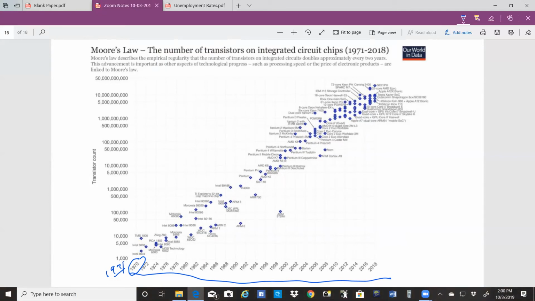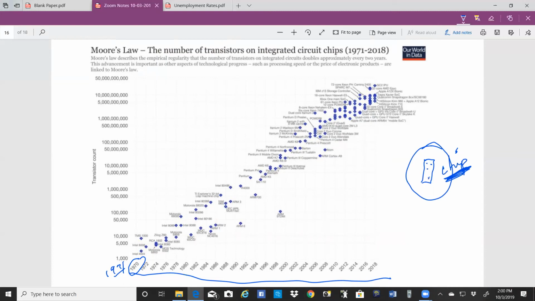And then they began to put transistors on a little chip. Has anybody ever looked at a chip in your computer? Well, there is a chip in your computer that has multiple transistors on it.